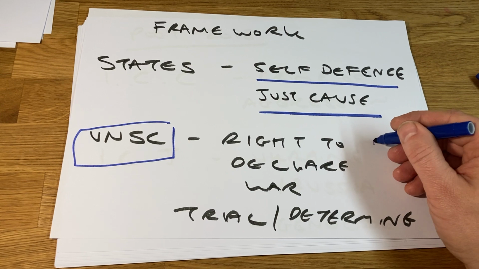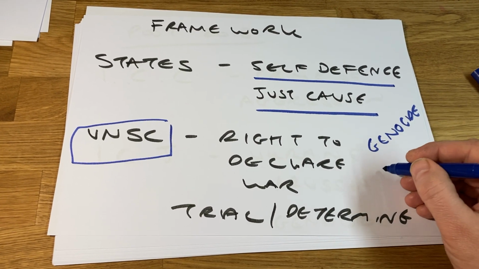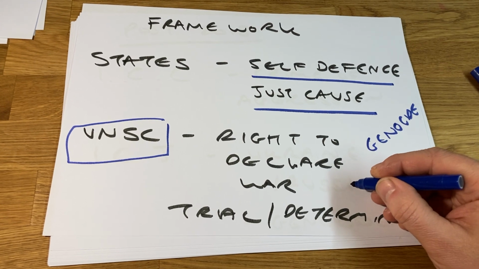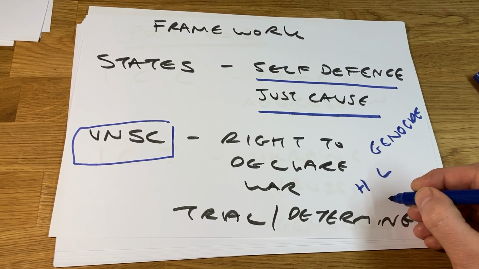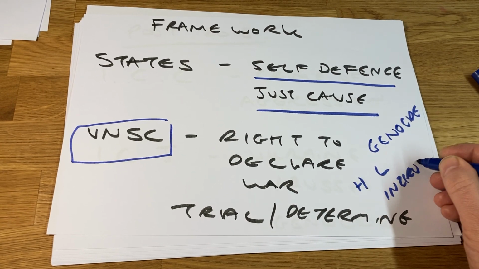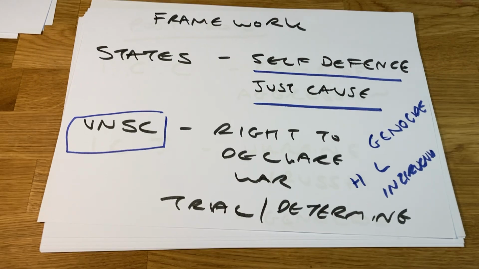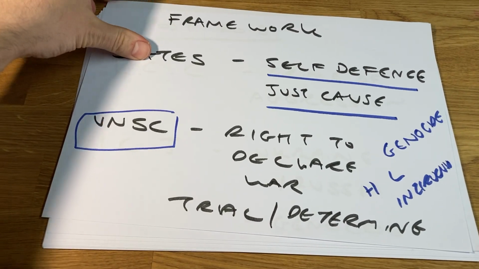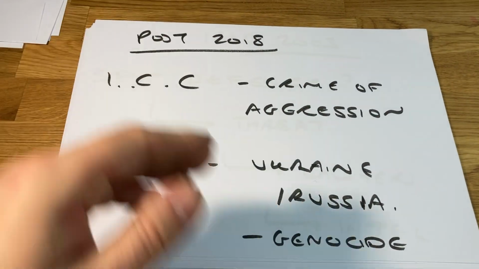But there are rights under the Genocide Convention regarding the prevention of genocide, which has now expanded to human rights law and interventions. But this needs to be done by the UN Security Council, and ultimately states can be tried to determine whether they have committed the crime of aggression.